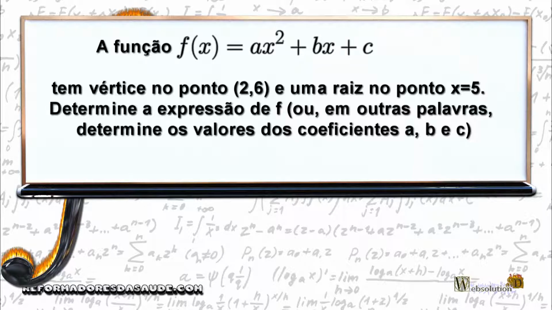Determine the expression of f, or, in other words, determine the values of the coefficients a, b, and c of the equation. Then, we have a second-degree equation, where we are asked to determine the values of the coefficients a, b, and c.